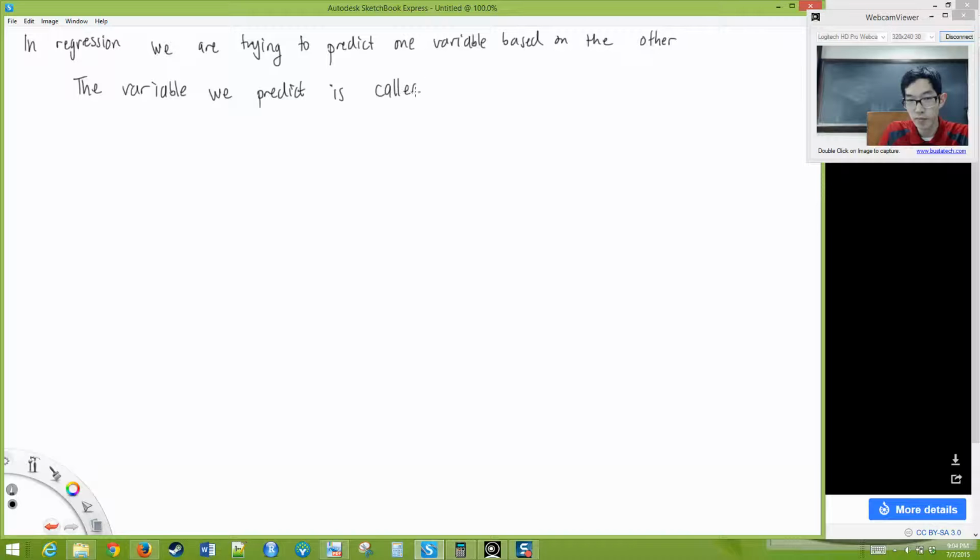Other names include the dependent variable, the response variable, and the predicted variable.